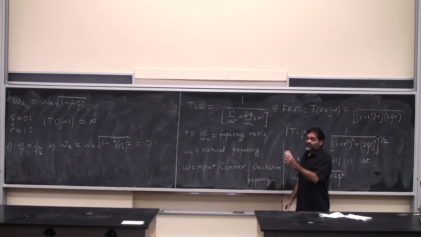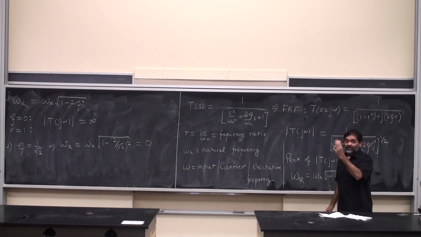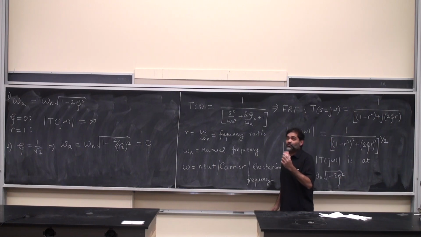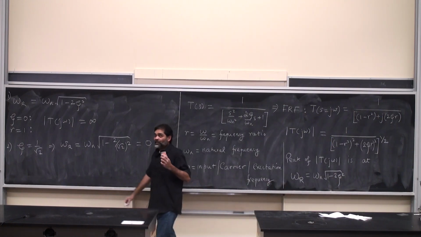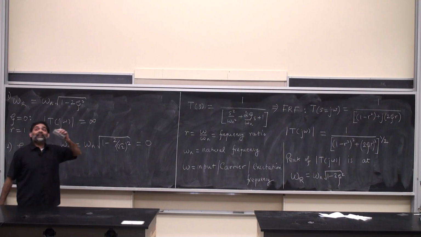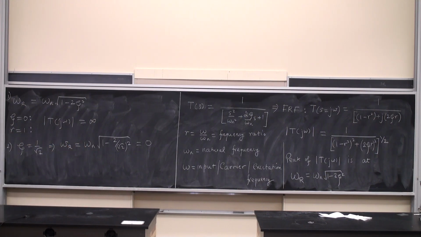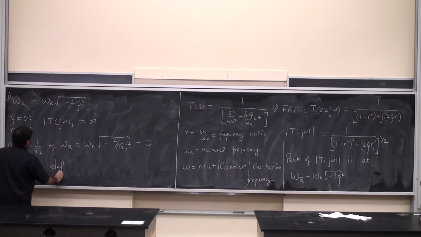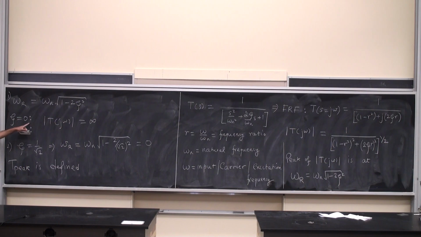Which means that when zeta is greater than 1 by root 2 or even equal to 1 by root 2, I will not have a peak value at all on my curve. Okay, the peak is no longer defined. It's unphysical at zeta equal to 0, right? Because when zeta is 0, it is infinite.